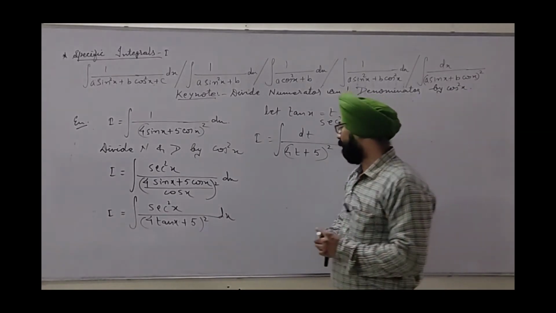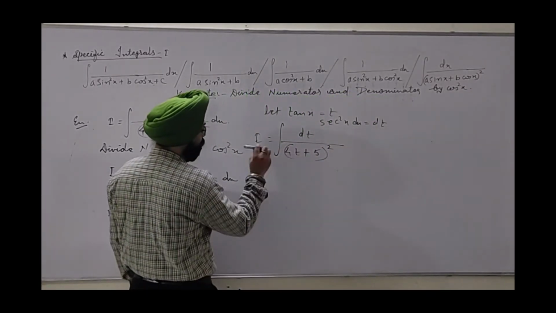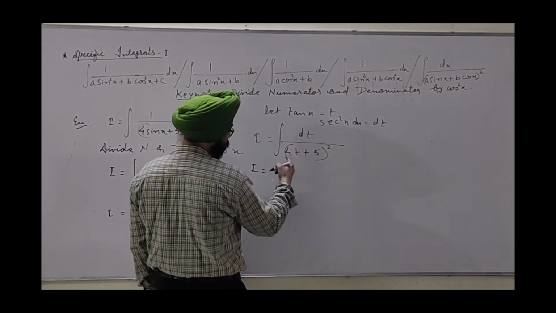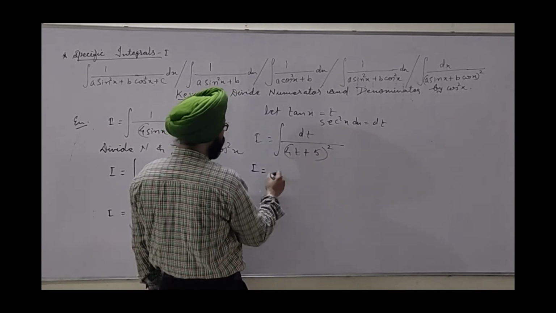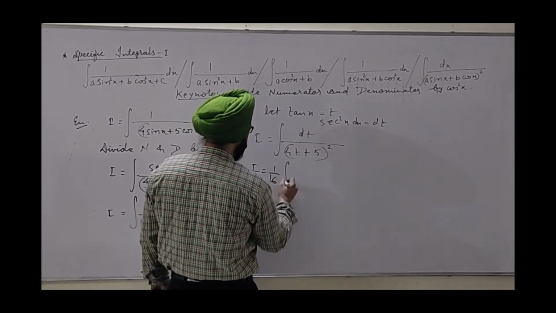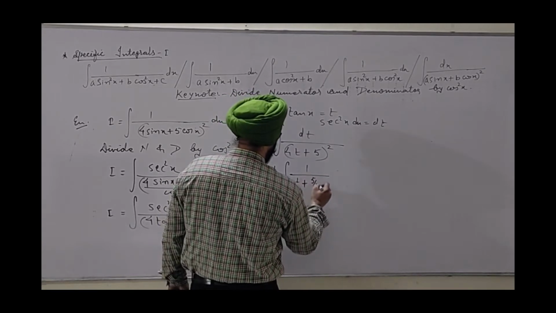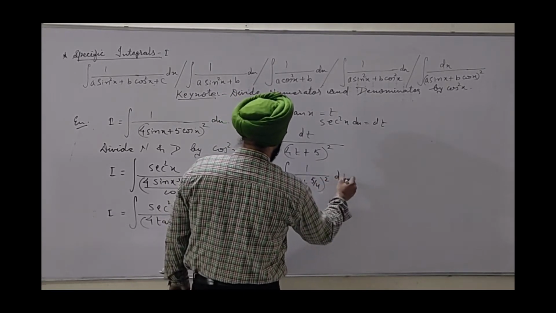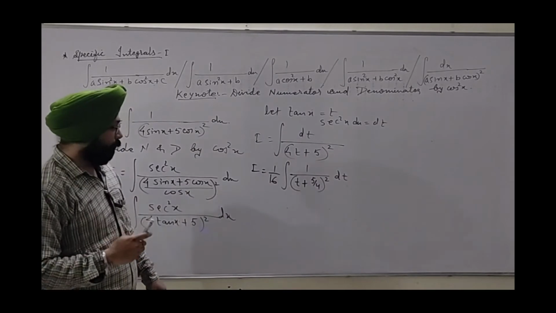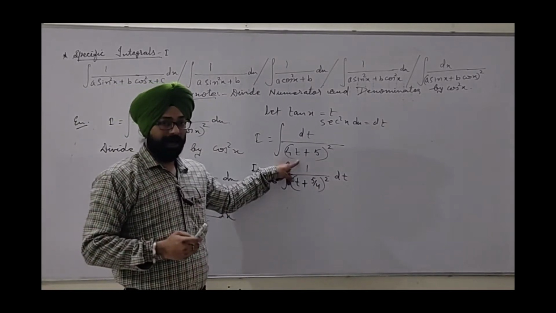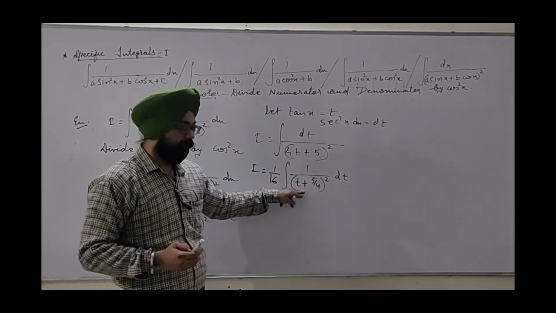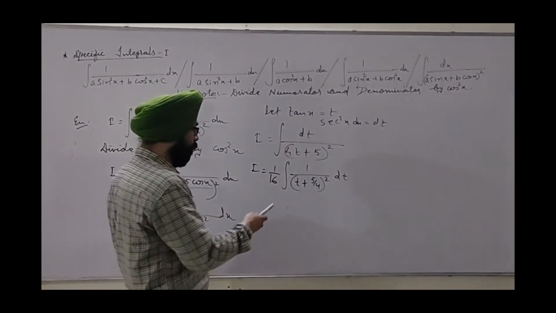Here I will take 4 common first of all. 4 square will come out as 1 by 16. I have 1 upon (t plus 5 upon 4) whole square dt. So it is a linear polynomial. I will not use any other method. Simply this will be converted into x to the power n form.